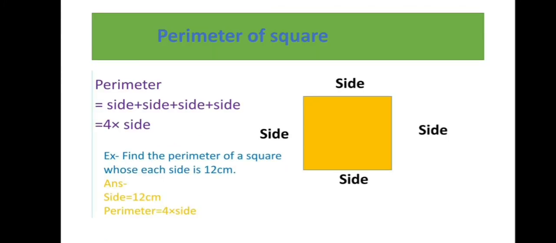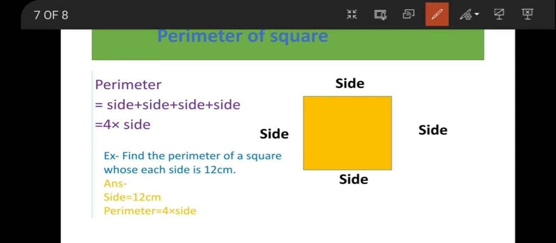Now let us discuss how we can find the perimeter of a square. You know children, a square also has four sides, but all four sides of a square are equal. So to find the perimeter, we will find the sum of all sides and all sides are equal. So instead of adding the side 4 times, we can multiply 4 into side.